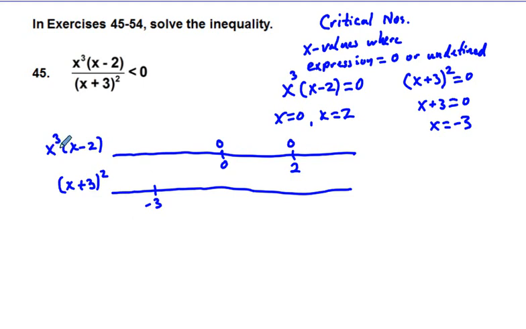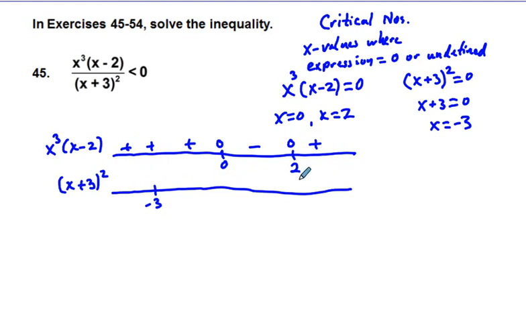So we'll have a negative times a negative, so to the left of x equals 0 we'll have a positive value there. Now between 0 and 2 we're going to have a positive times a negative, or negative, and greater than 2 we are going to have the value of that numerator be positive.